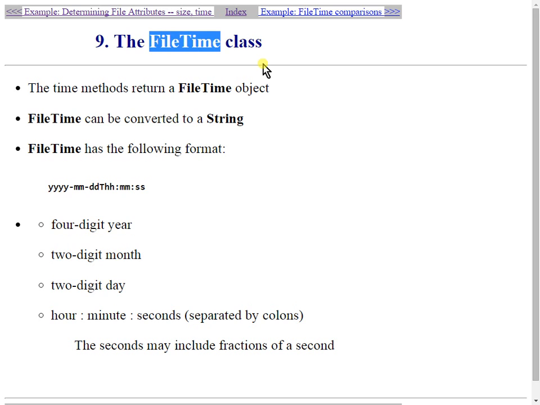Remember, the file system stores the file system time in an internal format, and so FileTime is another helper object which can help us out, and it typically returns the result in this format: year, month, and date, then the T suffix, and there's hour, minute, and second, and the seconds may include fractions of the second.